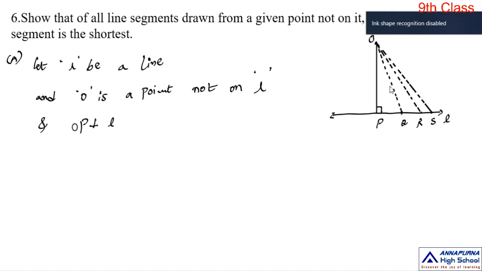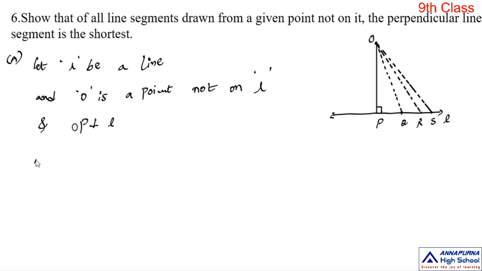Now we have to prove that OP is less than OQ, OP is less than OR, and OP is less than OS. We prove the three conditions. So OP is the perpendicular distance, OP is the shortest side.